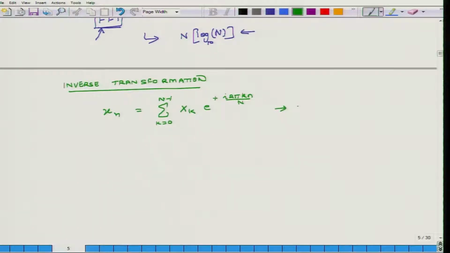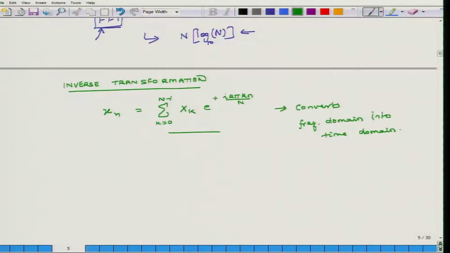So what does this do? It converts frequency domain data into time domain. Okay. It converts frequency domain data into time domain.